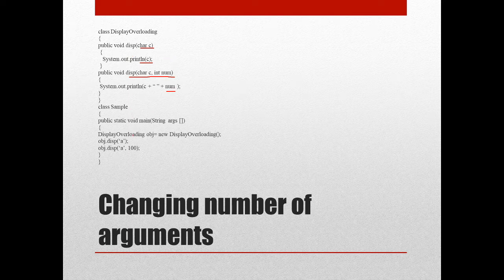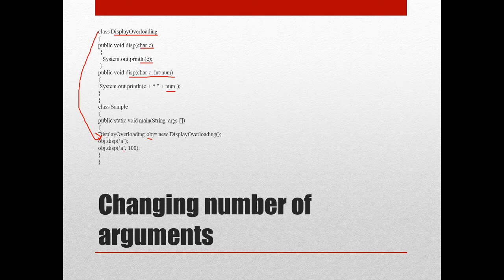And then how are we going to display the output here? Let us assume that we have the class sample, and then we declare the main method. Now we give a new name for the class here, display overloading, and we give a new object name obj, instantiating display overloading.